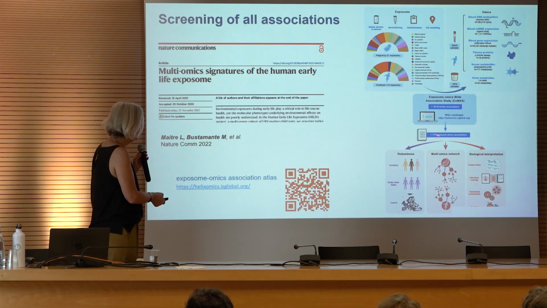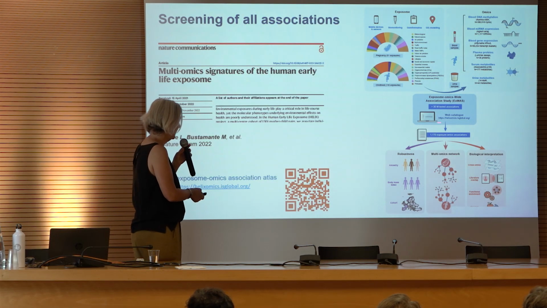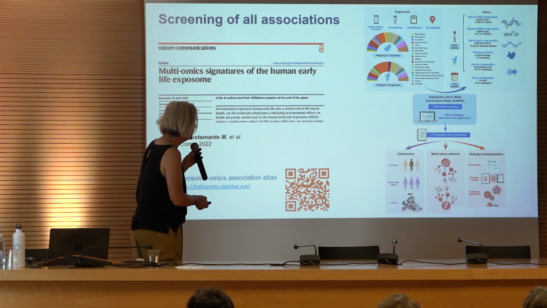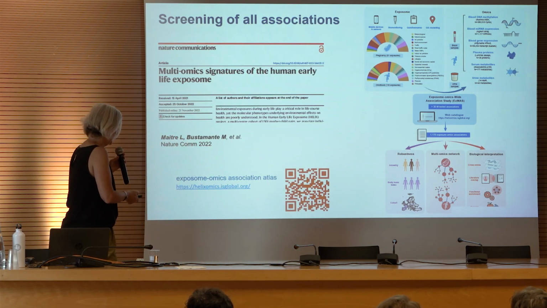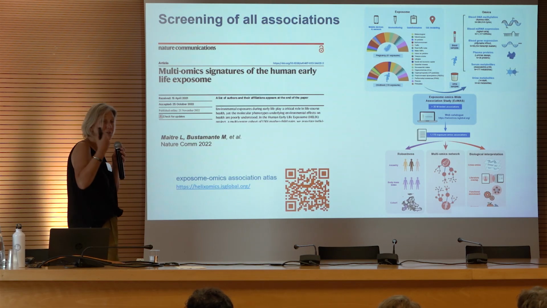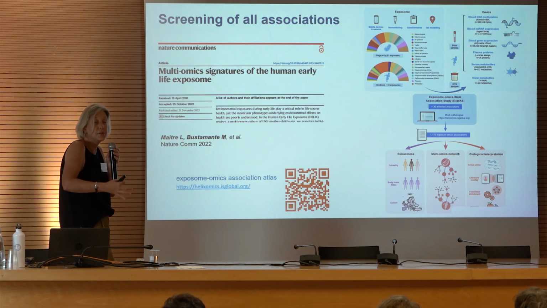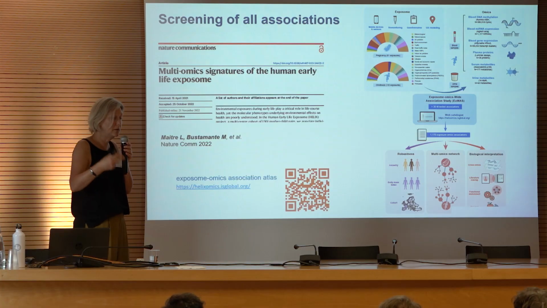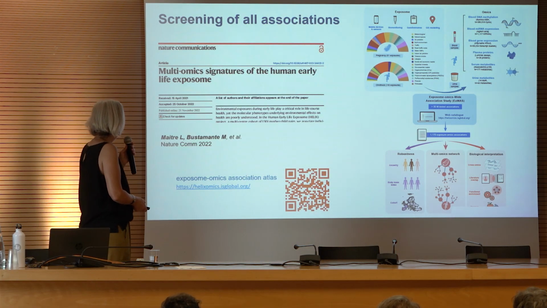And then you go through different steps to try and interpret the findings. So there's a lot of work on the biological interpretation, testing the robustness, etc. But the aim of this is to screen through all these different associations and build what we call here an atlas of associations, which may then be used in further research to try and replicate that work.